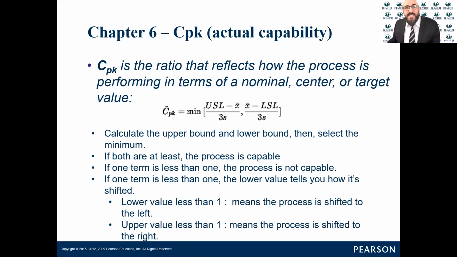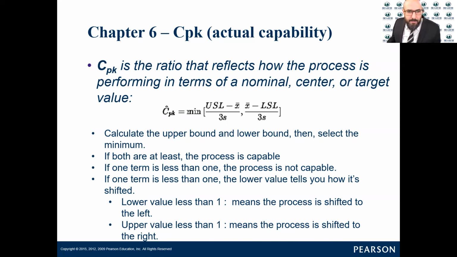All right, to calculate the CPK, the CPK is the ratio that reflects how the process is actually performing in terms of the nominal, center, or target value. The CPK is calculated by finding the minimum between these two values, the upper bound and the lower bound: the upper specification limit minus the average divided by 3 sigma, or the average minus the lower specification limit divided by 3 sigma.